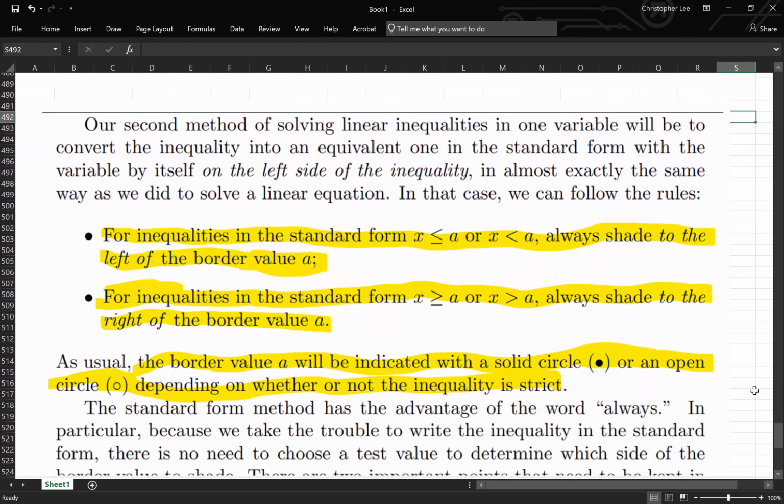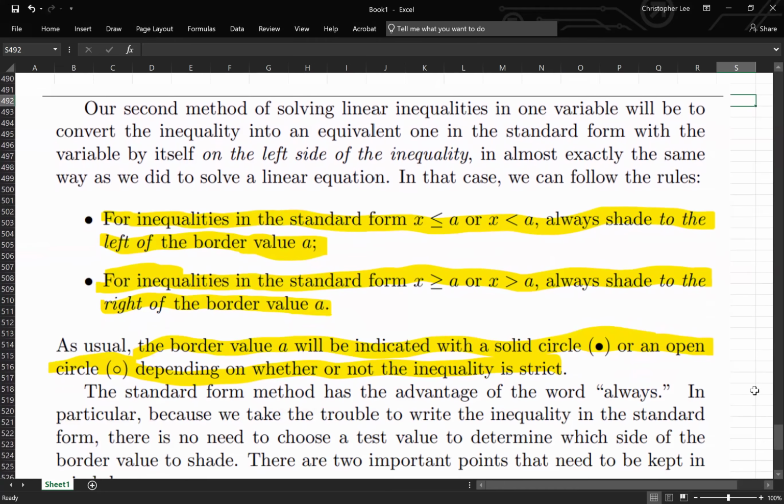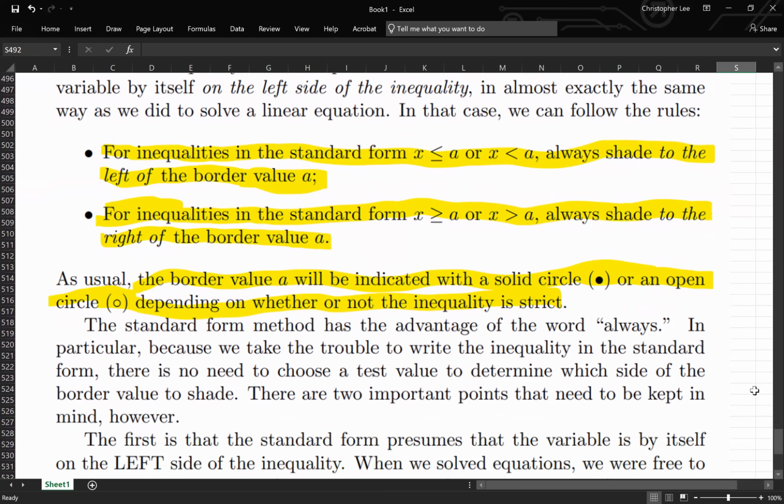The standard form method has the advantage of the word always in particular. Because we take the trouble to write the inequality in the standard form, there is no need to choose a test value to determine which side of the border value to shade. There are two important points that need to be kept in mind, however.